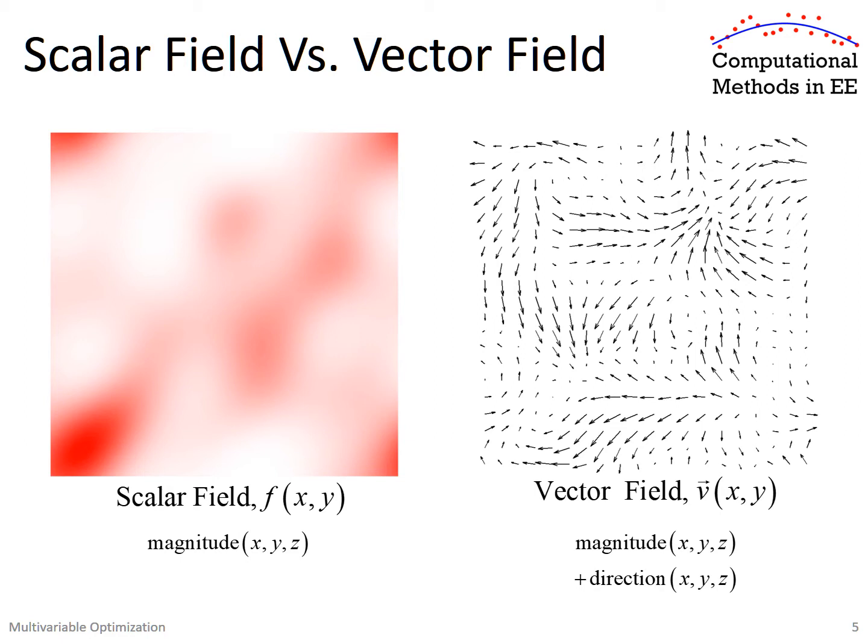Different parts of the cloud are moving and bubbling, and each of those water droplets is moving in a different direction with a different speed. The speed would be the magnitude and the direction they're moving would be the direction of the vector. We usually draw vector fields as a whole bunch of arrows where the length of the arrow conveys the magnitude and of course the direction conveys direction. That's the difference between scalar and vector fields.